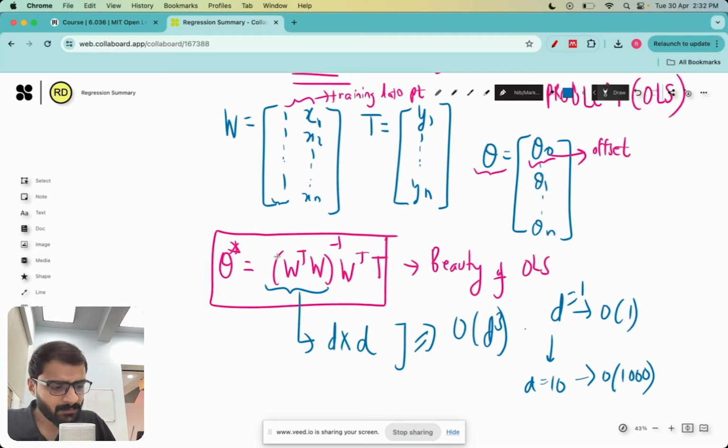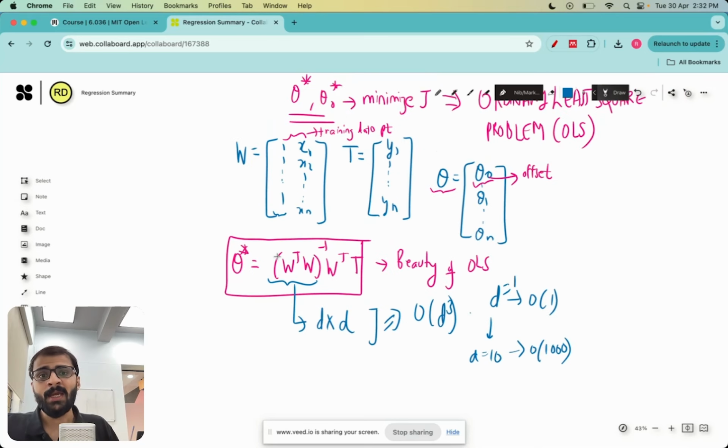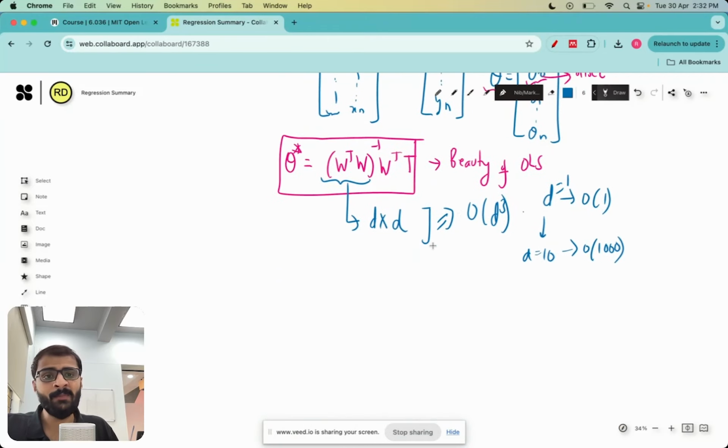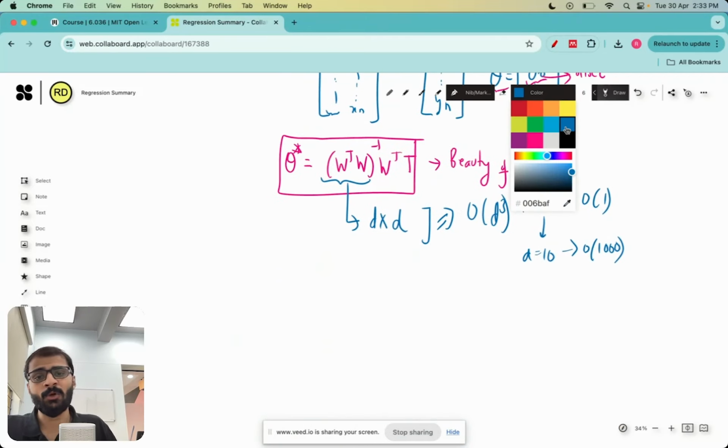The reason it's a big problem is because it will take a huge amount of computational time to calculate this inverse in the first place, and we don't want that. So that is the problem of the closed form OLS solution, and that is the reason why we move to the second thing which we are going to look at today. That is called regularization.